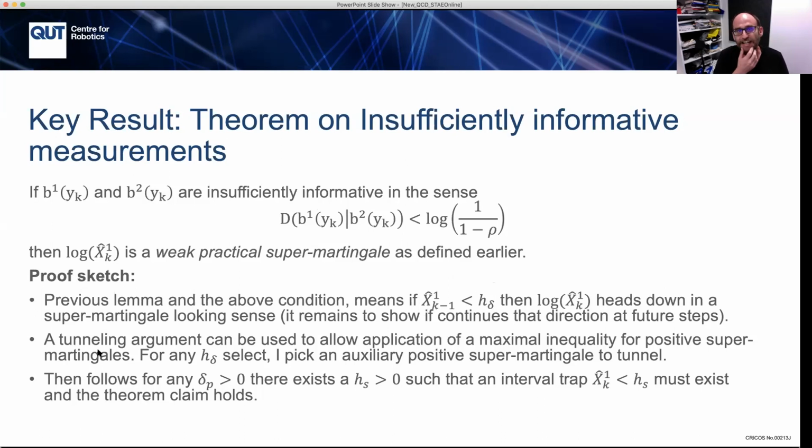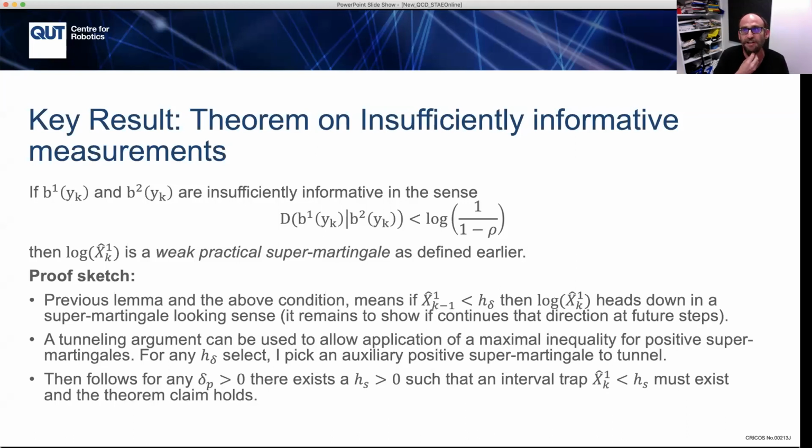You could then use a tunneling argument, which allows application of a maximal inequality for positive super martingales. Unfortunately, that object written down naturally, that bound is a super martingale looking object, but it's not positive. It can get negative, and I'm only aware of maximal inequalities for positive super martingales. There are two, and we've used one in particular.